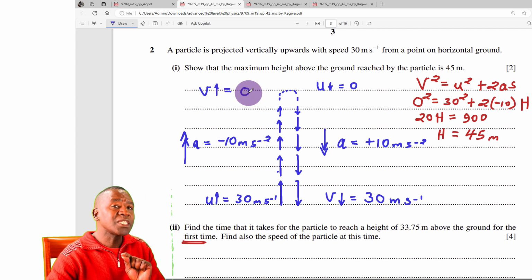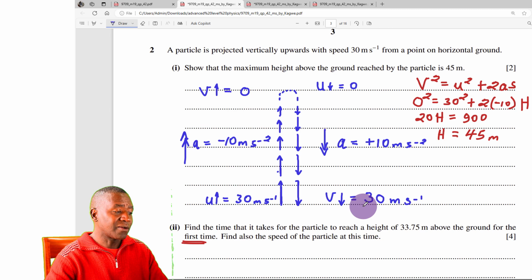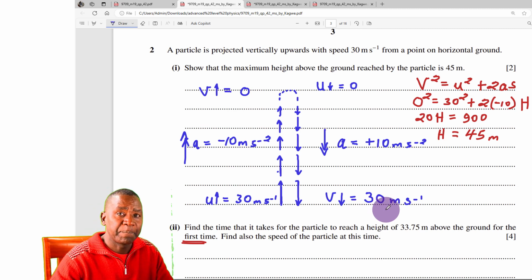That velocity vertically upwards being 0 becomes the initial velocity vertically downwards. So the initial velocity vertically downwards will be 0. And then that velocity increases downwards. Like again, you can see the arrow is going to increase in length until when it comes back to the point of projection, the final velocity vertically downwards is 30 meters per second.